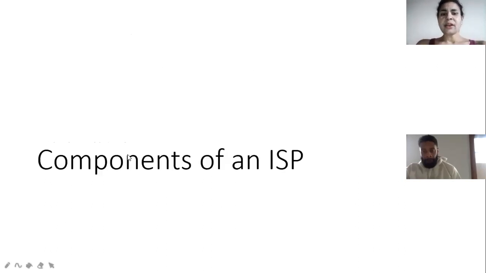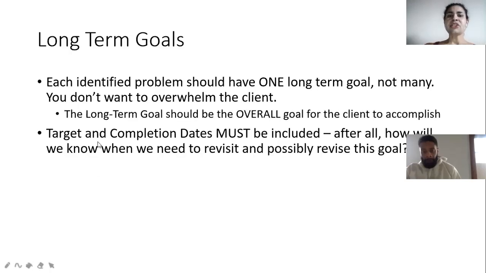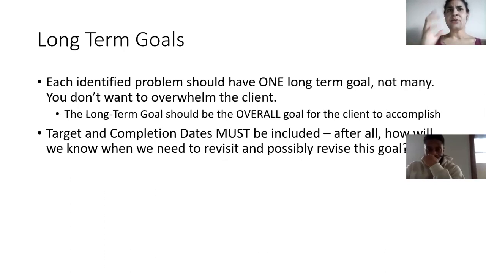So just real quickly, the components of a treatment plan. Each identified problem should only have one long-term goal. You don't want to have many. You don't want to overwhelm the client. If there are several things that the client wants to accomplish, then that's when you add them as short-term goals.